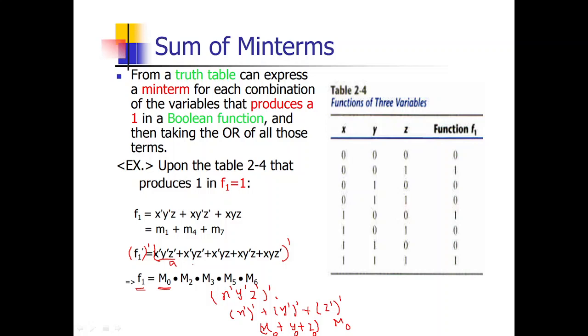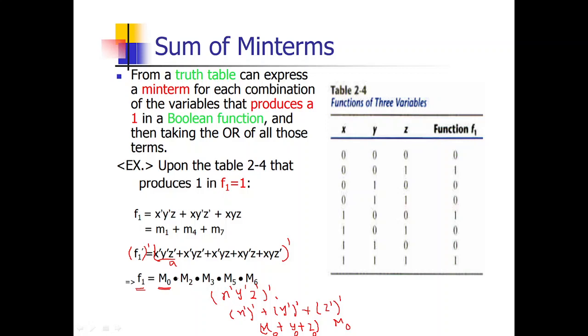So here we take the complement of this min term, which becomes a max term. So this product of max terms is f1 equal to M0 dot M2 dot M3 dot M5 dot M6.